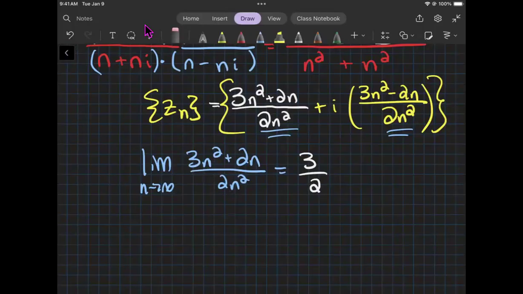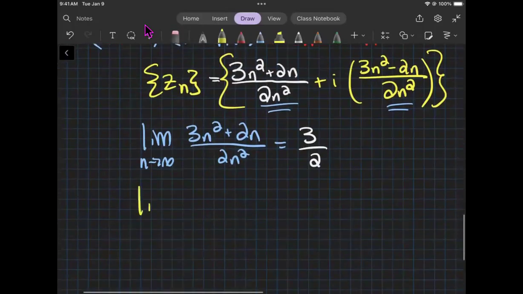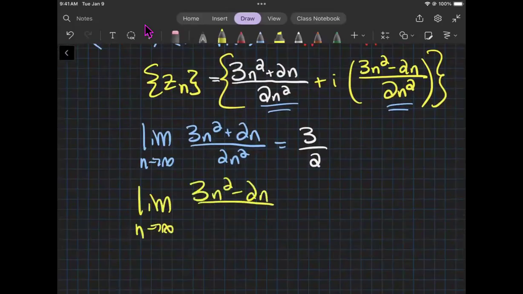Likewise with the imaginary component, we have 3n squared minus 2n over 2n squared. This will also equal 3/2, since the highest exponent is the same on the numerator and the denominator, right?